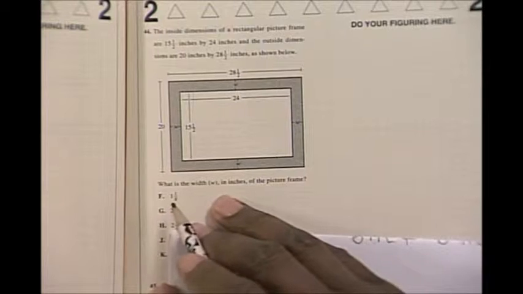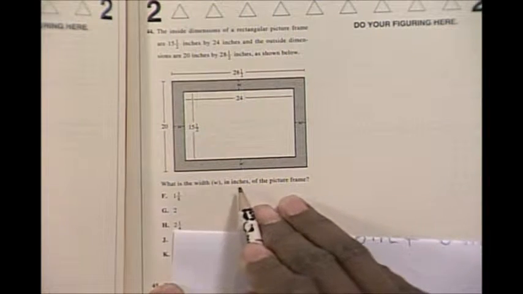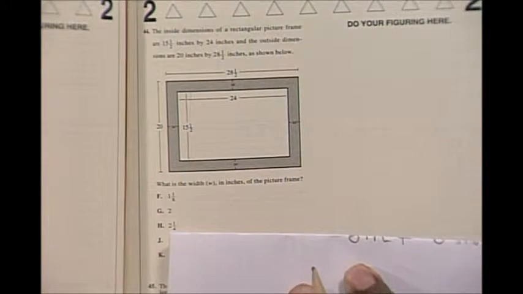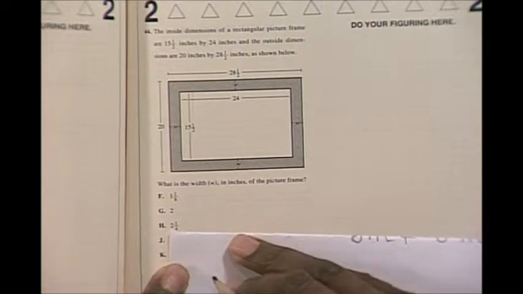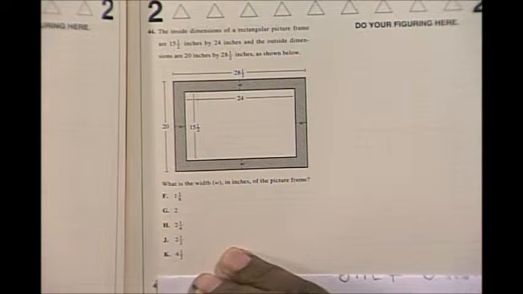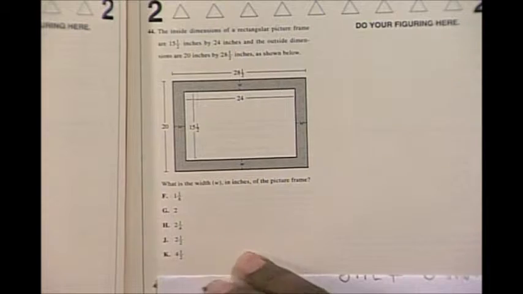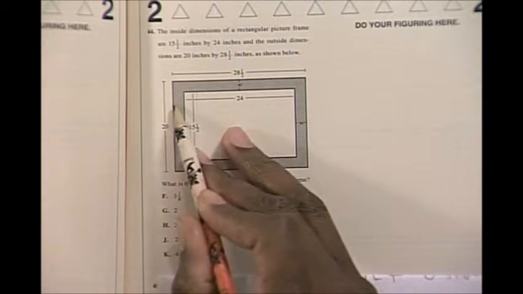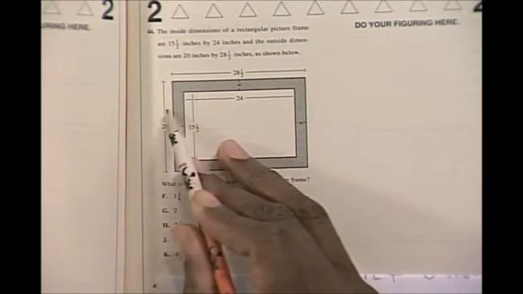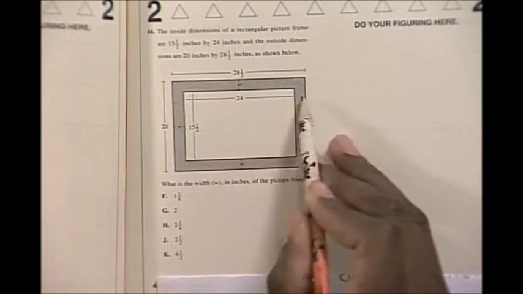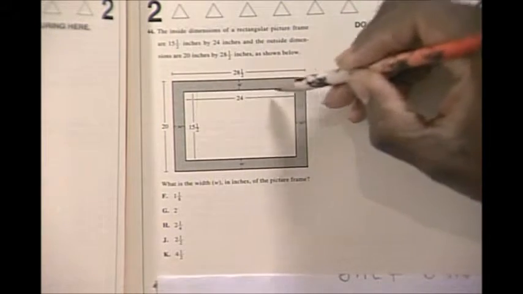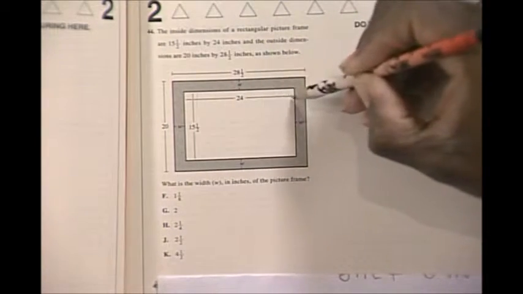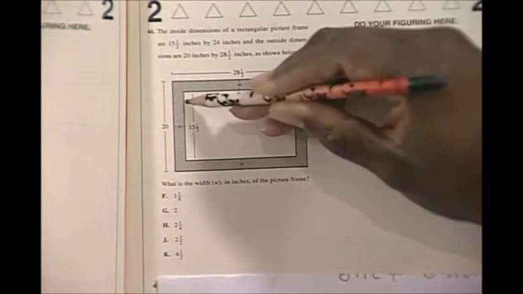Then it says, what is the width in inches of the picture frame? All right, so they want you to solve for this W here. What I'd like you to see is that they're giving you this overall dimension, which is 28 and a half, and they're also giving you this dimension in between here as 24.